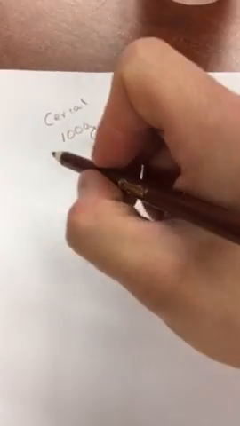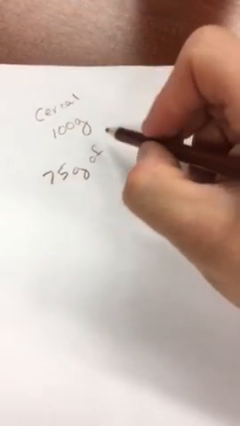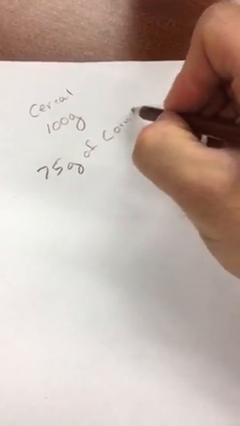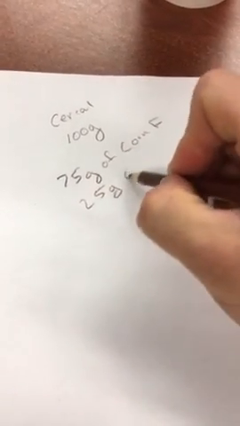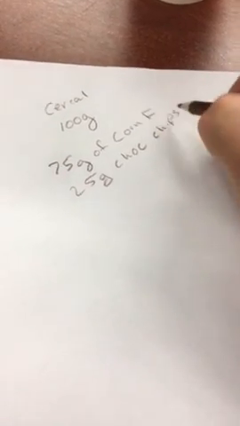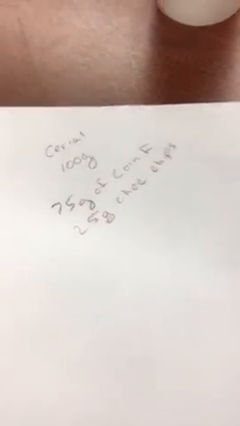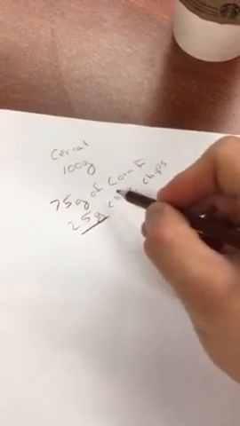And you know that you have 75 grams of cornflakes and you have 25 grams of chocolate chips. And what this is asking you is what's the mass percent of, let's say, the chocolate chips? How would you figure that out?